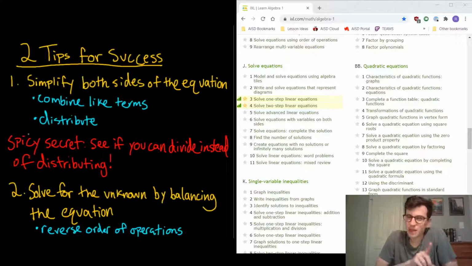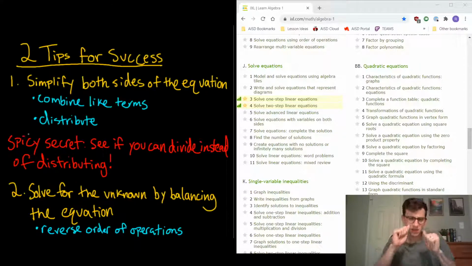Now, the spicy secret that I have for you today is instead of distributing, maybe think about dividing. If all you have is a distribution and you don't have anything added or subtracted outside, sometimes dividing can be a really helpful thing instead of distributing. But if you like distributing, just go with distribution.